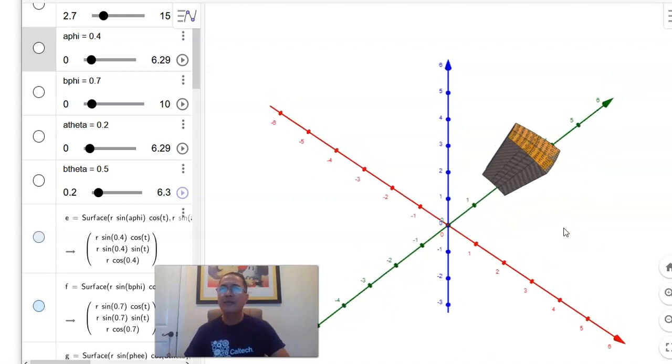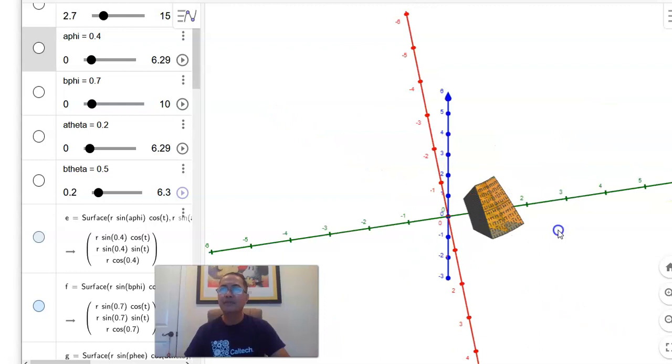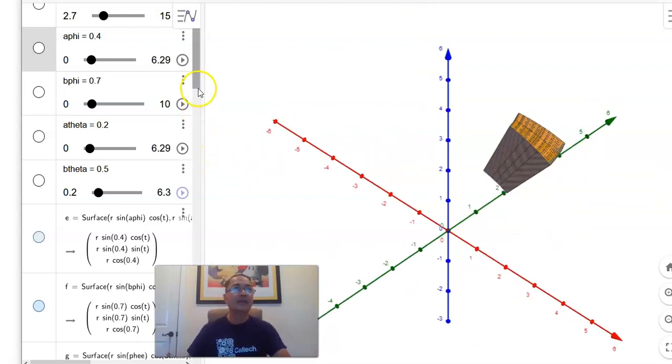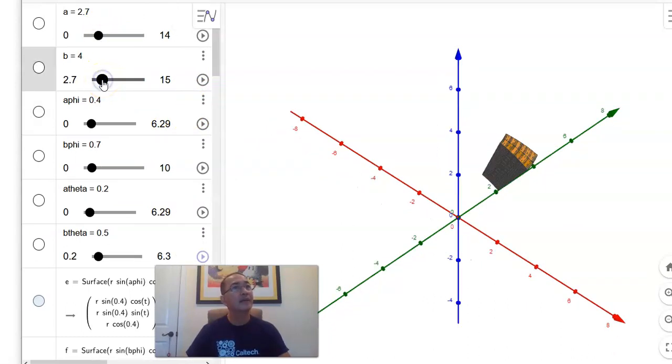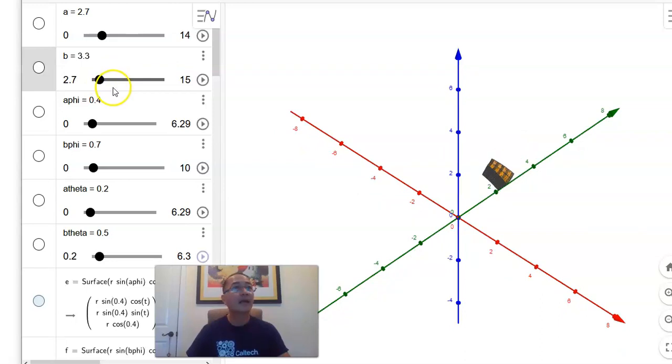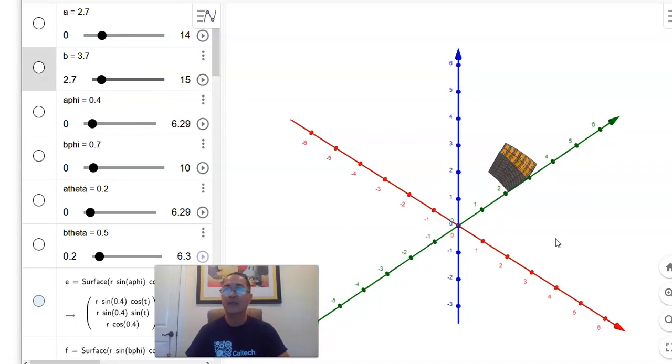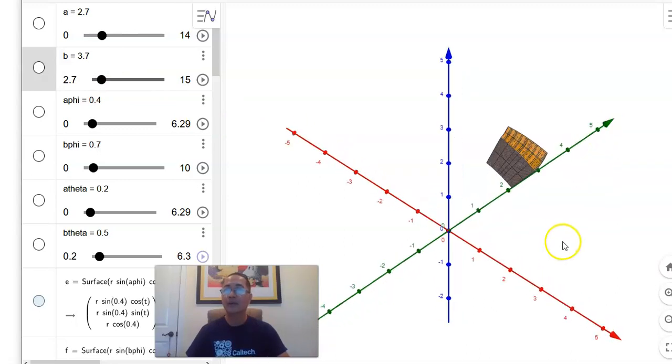And maybe just one more little adjustment. Let me make the rho a little bit shorter. 2.7, let's make the outer 4 a little smaller. I think just a touch bigger than that. That's pretty close to the proportion I want.